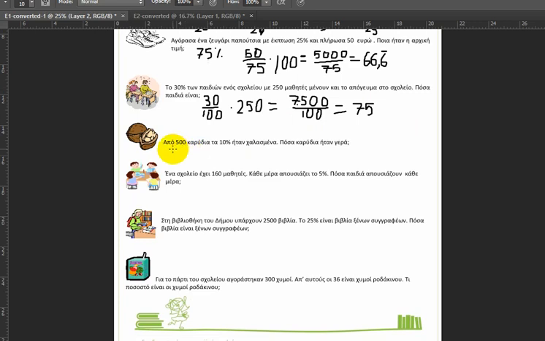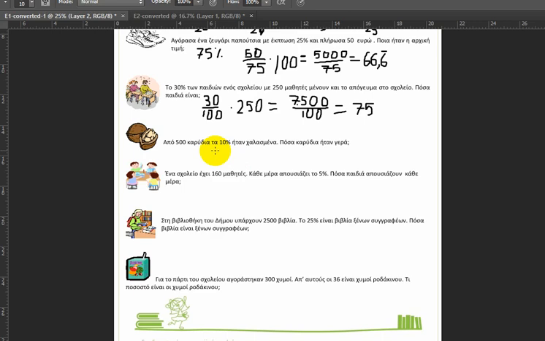Next up, we have that out of 500 nuts, 10% is spoiled. How many are still edible? Basically, how many can I still eat? Okay, so again, this is a trick question because it gives you what percentage is spoiled. That means that you can't eat them. And it asks you how many you can eat.